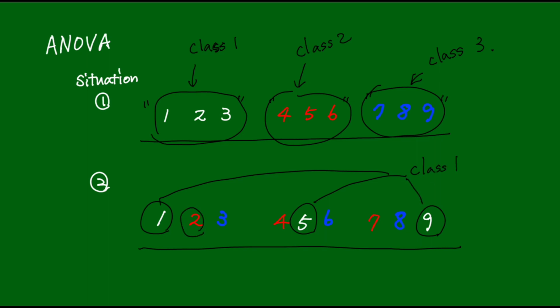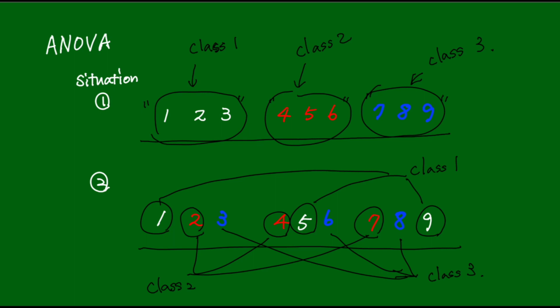And we have 2, 4, 7. These are red numbers, which means these are class 2, right? And 3, 6, 8. These are blue numbers, which means they came from class 3. Okay, so I think everyone gets the situation.